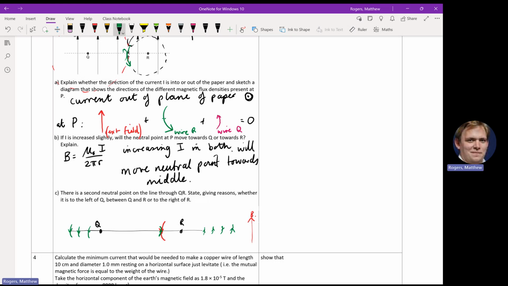So out here, both fields, the field from Q and the field from R, are acting downwards. So as we go away from here, both of them get weaker. We must eventually get to a point where these two fields add up to be equal to B. So the second neutral point is going to be somewhere to the left of Q when we look at this one.